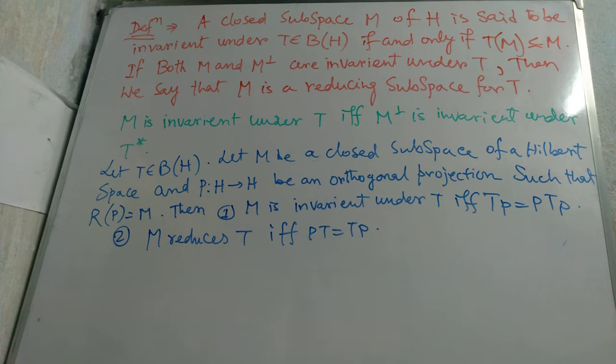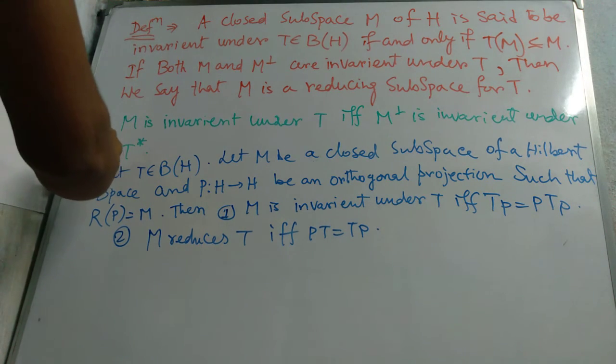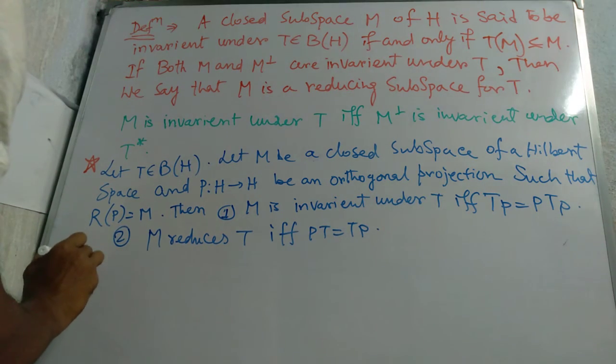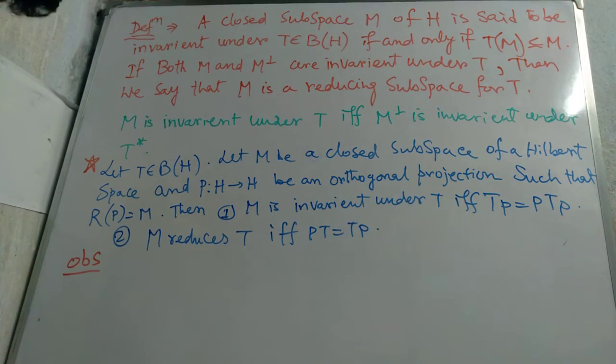Then we go to some observations about this. We write this result and now go to some observations. Okay, observation.